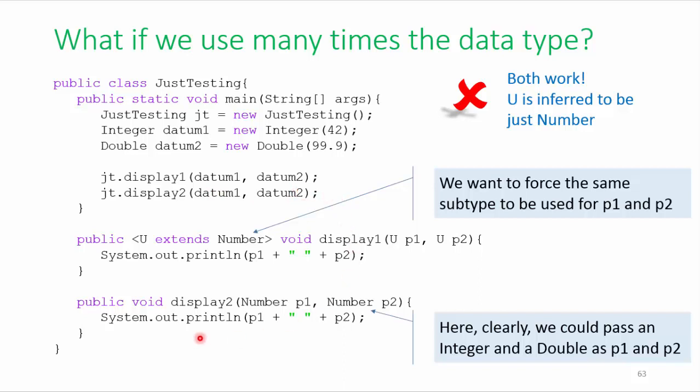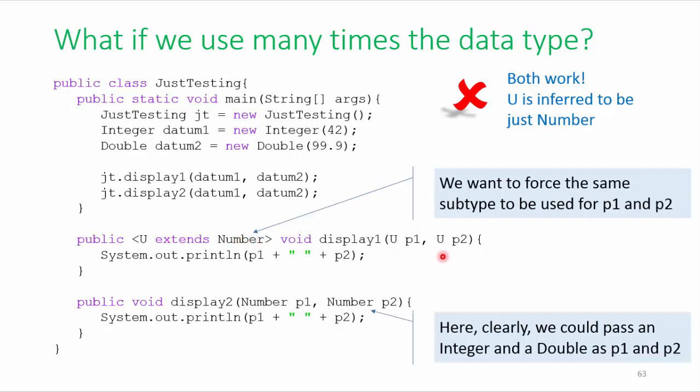Okay? In the case of display2, well, we know why it works, because there's no relation, there's no constraint between the data type of P1 and P2. In the case of display1, the display1 method that is a generic one in our example, well, U can be inferred as being just Number. We say that U needs to extend Number.